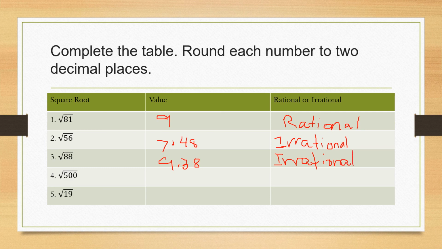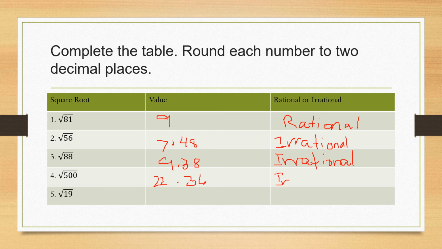Alright, next. What about square root of 500? The square root of 500 is 22.36. Alright. So this is rational or irrational? Irrational. Okay, so you know how to distinguish rational and irrational. What about square root of 19?